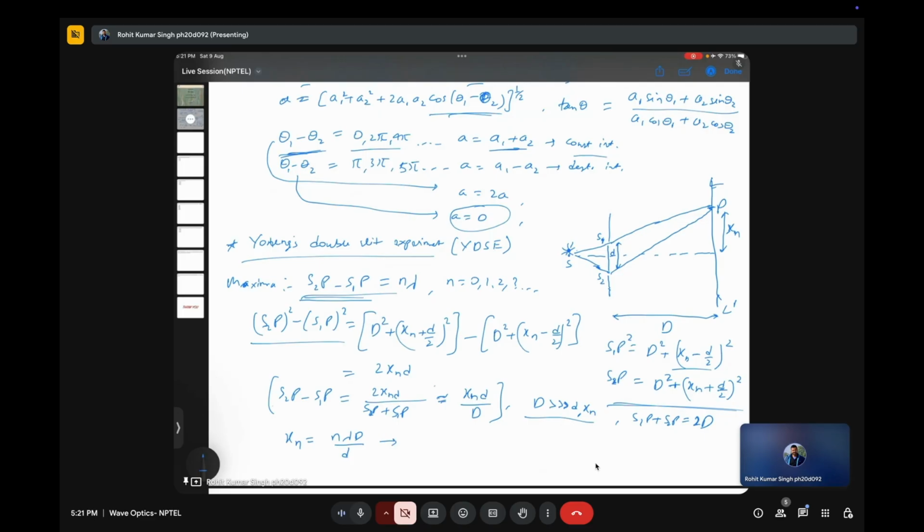So these are the maxima points on the screen, the distance from this center O. These are the maxima points on the screen, right? Is everyone okay till here? Do you need me to explain anything?